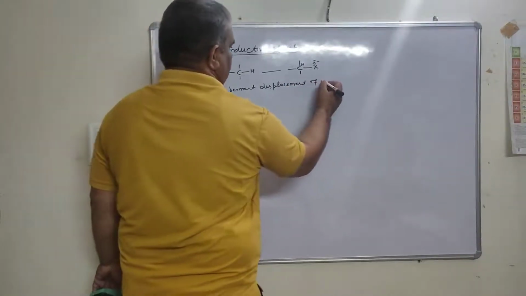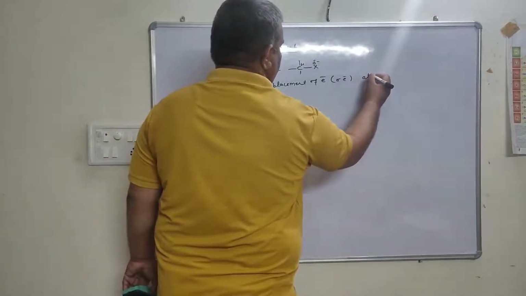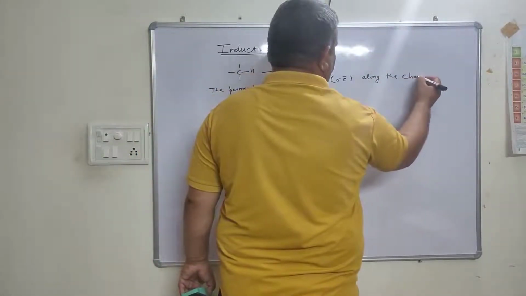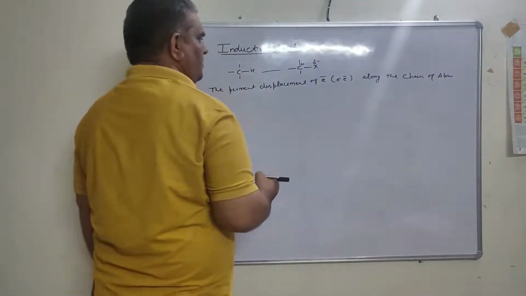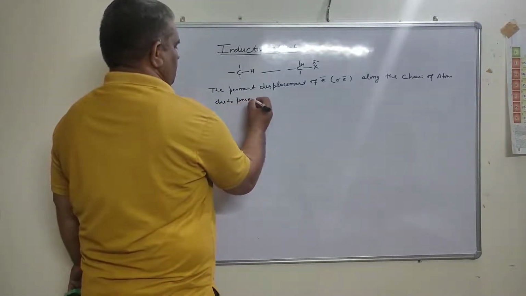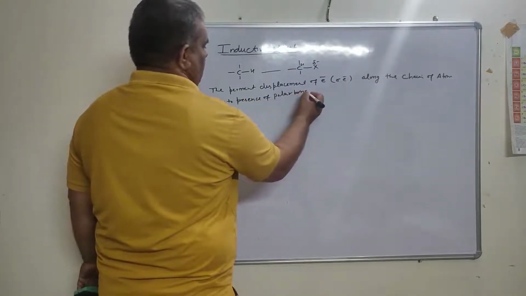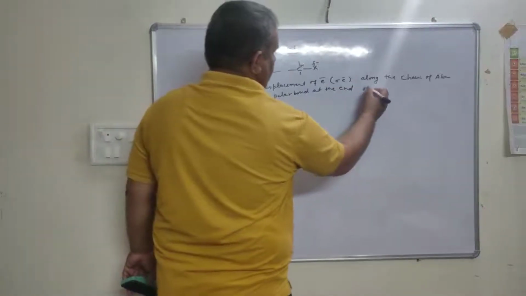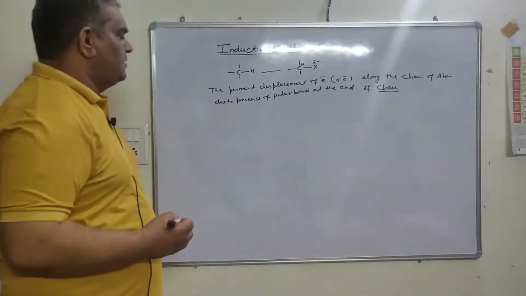of electrons, that is sigma electrons, along the chain of atoms due to the presence of a polar bond, at the end of the chain, this effect is called the inductive effect.